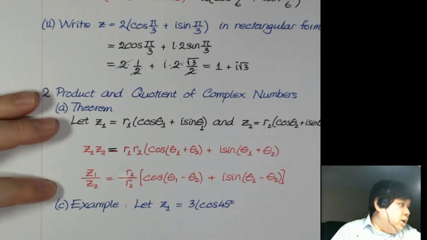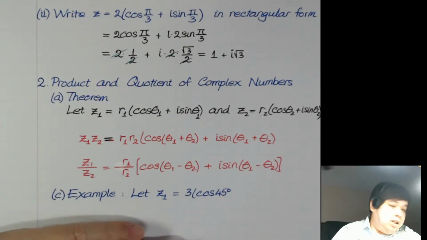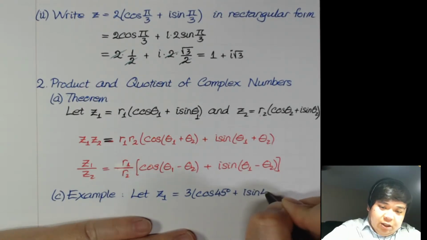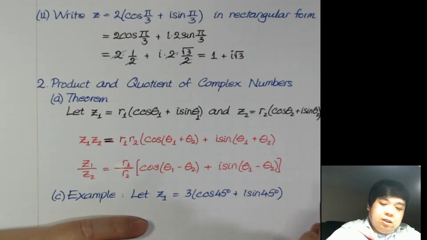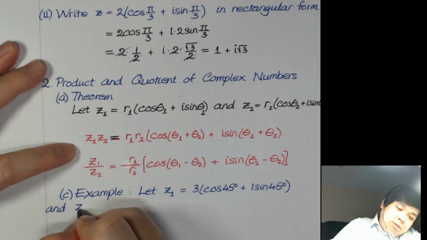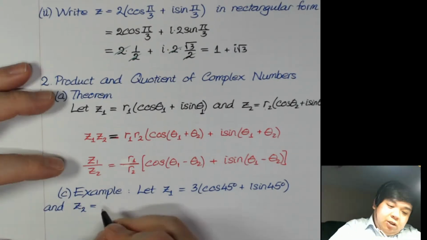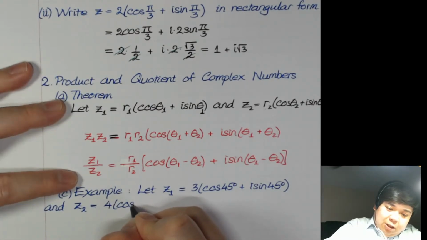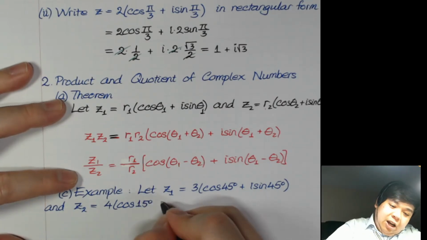Let's see, we have the complex number z1, 3 cosine 45 degrees plus i sine 45 degrees, and z2, 4 cosine 15 degrees plus i sine 15 degrees.